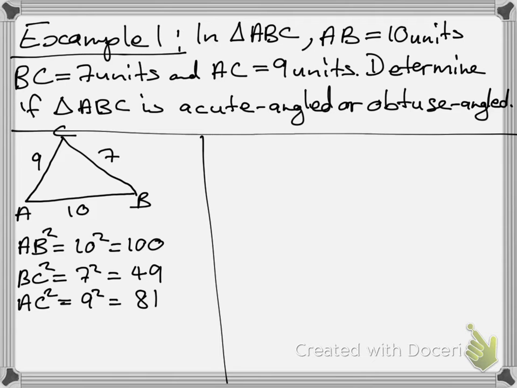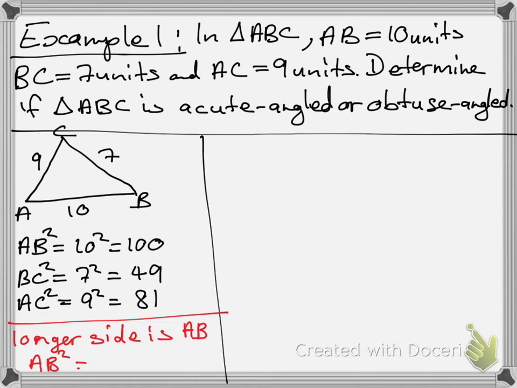So we are going to say between these three, which side is the longest side? We can see the longest side is AB. So we want to see what is the relationship with the other side. So we find the sum of the other two sides. In this case, our longer side is AB, and AB squared is 100.